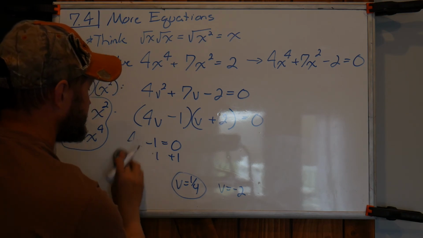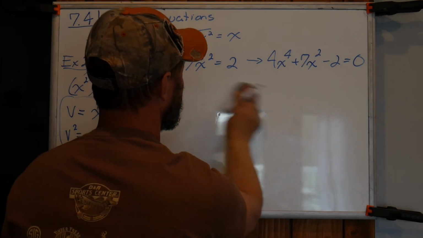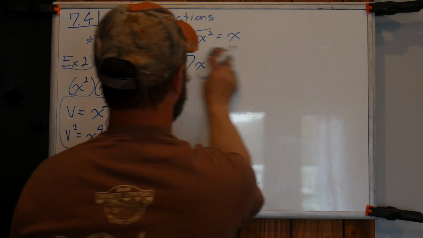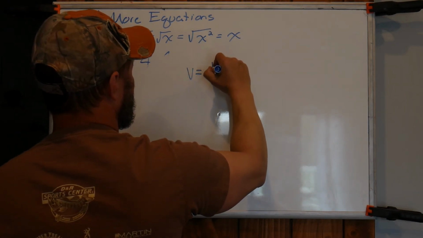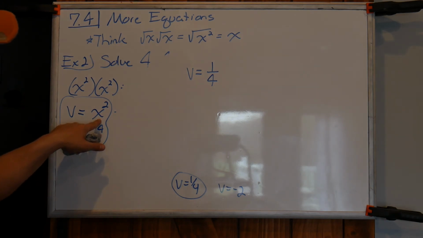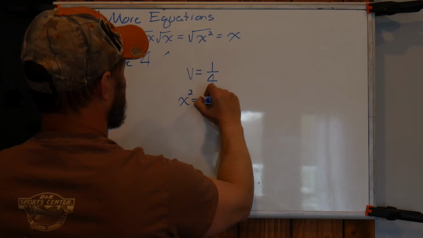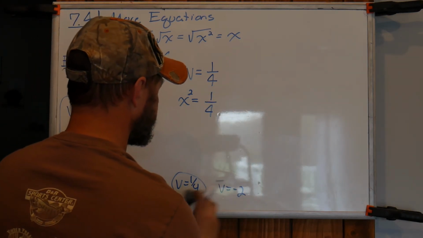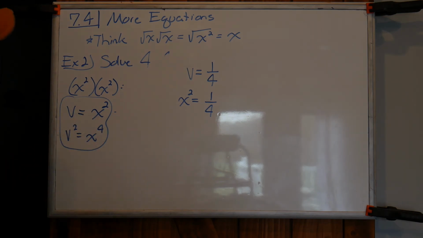Now, here comes the tricky part. I think this is fun, I enjoy doing it, but there is a tricky part to it. My v equals 1/4 right here. Well, now I replace, and I say, okay, v is x squared. My v is actually x squared.